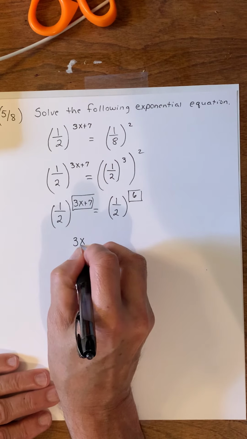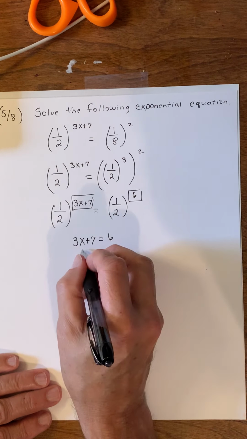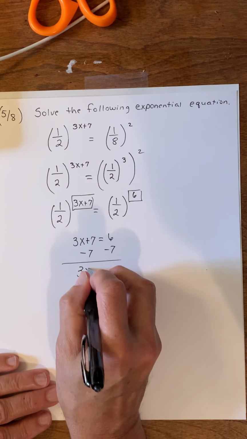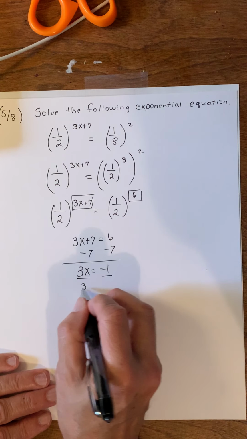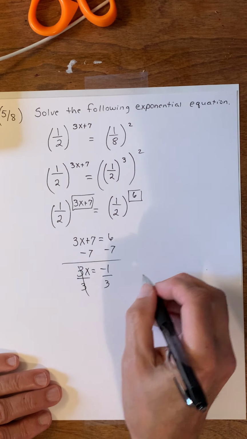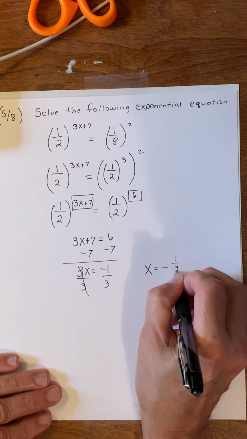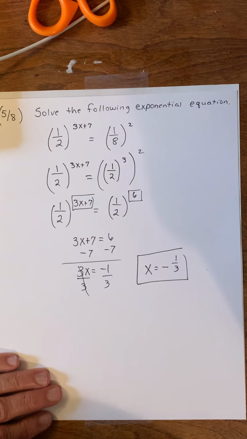So 3x plus 7 must be the same as 6. Subtract 7. Divide by 3. Again, not something you would expect. X is negative 1/3. So I have solved the exponential equation.